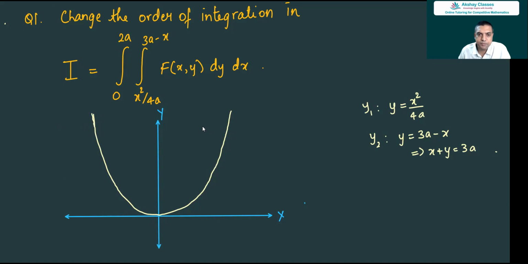This is the parabola. Now, this is x square equal to 4ay, so y is equal to x square upon 4a. And then we have this line, 3a minus x.